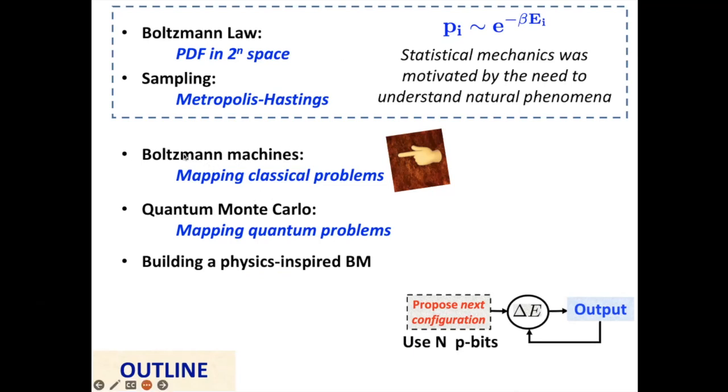And that's what I want to talk about next, which is this idea of a Boltzmann machine, where you can map interesting classical problems onto this framework that I just discussed, the one that, as I said, had been developed largely for understanding natural phenomena in the world of statistical mechanics.